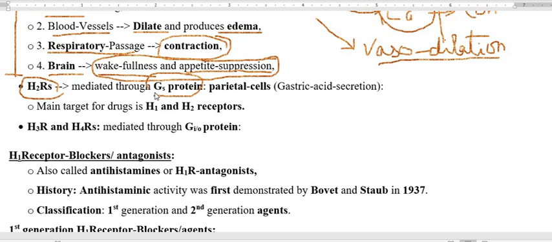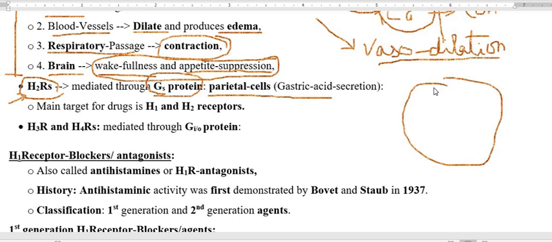Because of the activation of Gs protein, when histamine attaches to the H2 receptor present on the basolateral membrane of the parietal cell, it gets activated.